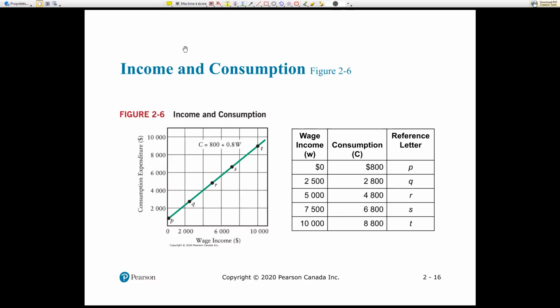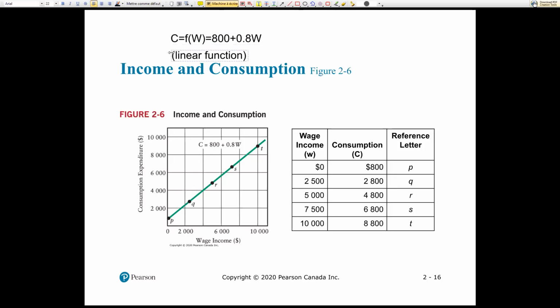You could express it like this: C equals f of W, where W is wage, and the exact function is 800 plus 0.8 W. It's what we call a linear function.